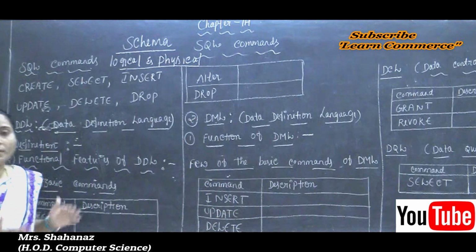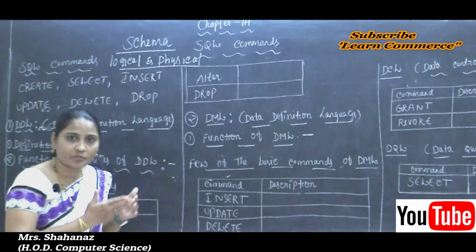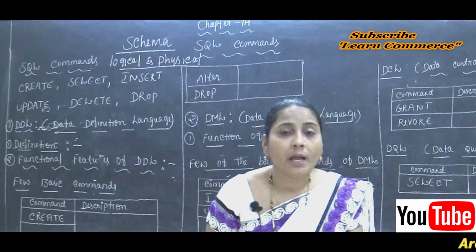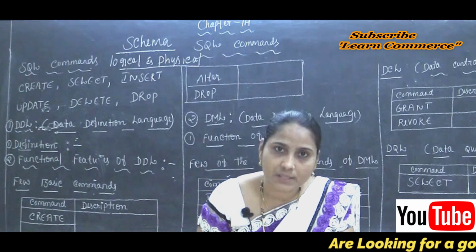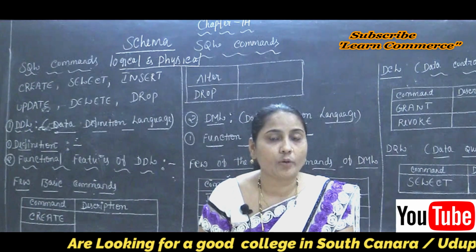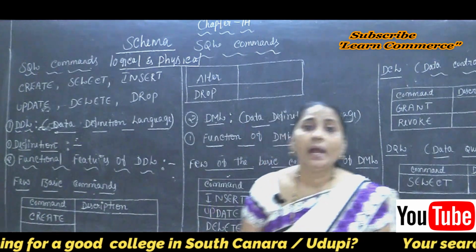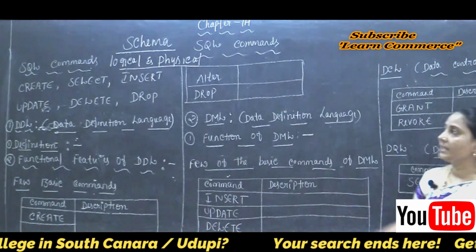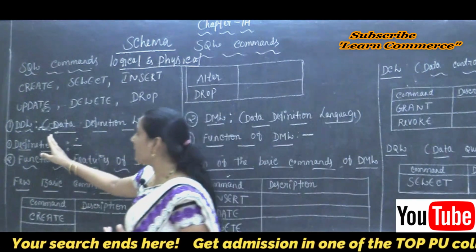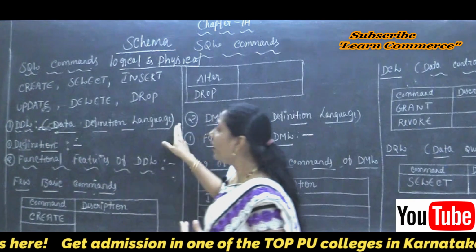The schema means by using some of the data we are going to perform the operation, and the sub schema is the way by using some software we are going to view the data from the database here. So this is the definition or the meaning of our DDL, the data definition language.